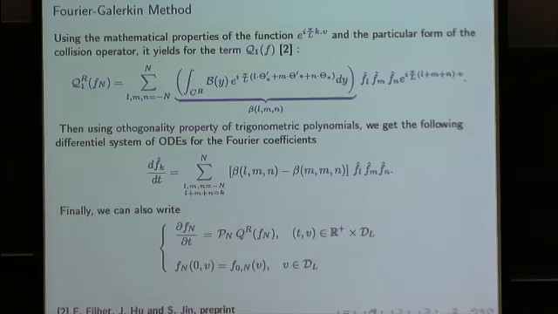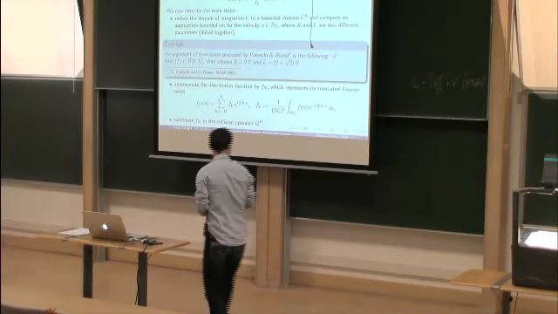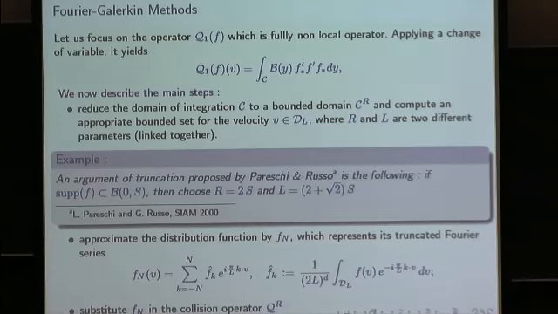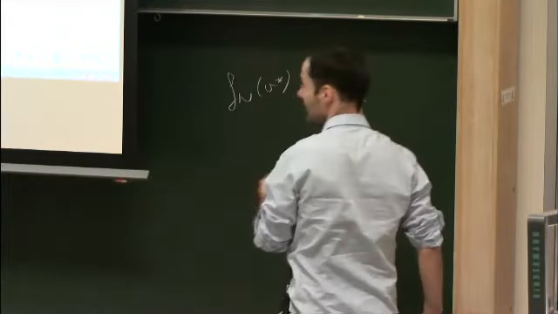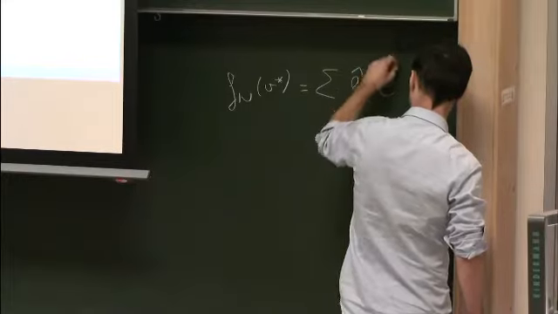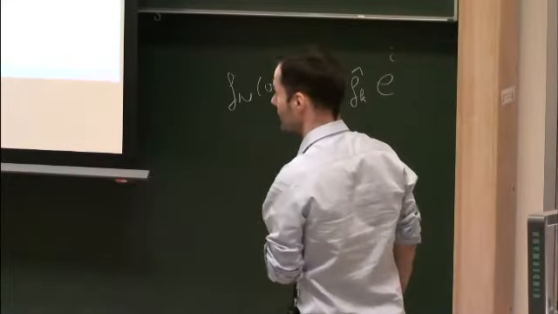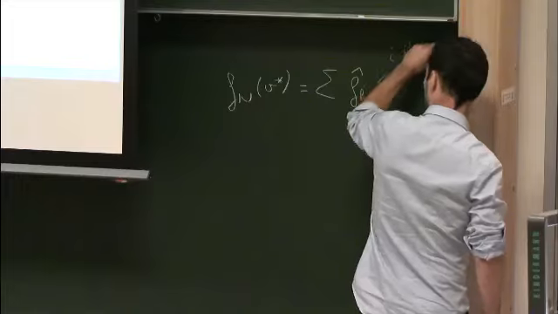So when you compute the distribution function f of v star, for instance, fn of v star, it will be given by a sum of a Fourier coefficient fk hat times the trigonometric polynomial exponential of a. Okay, let us take p equal L of k of v star.